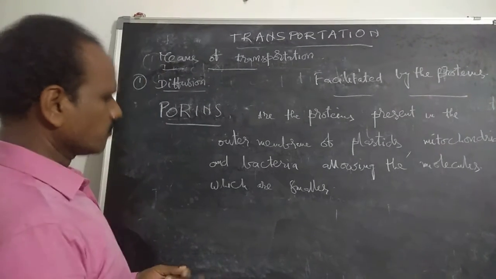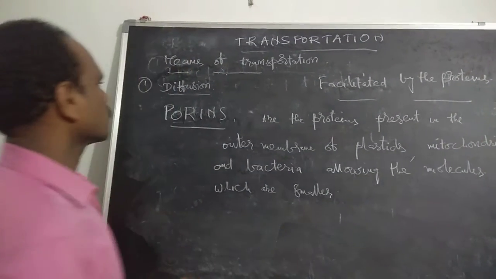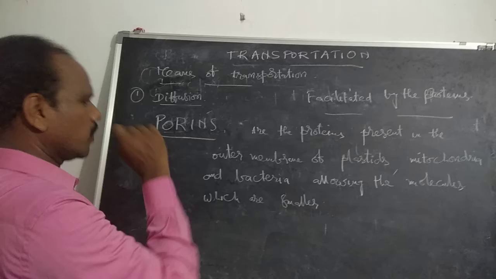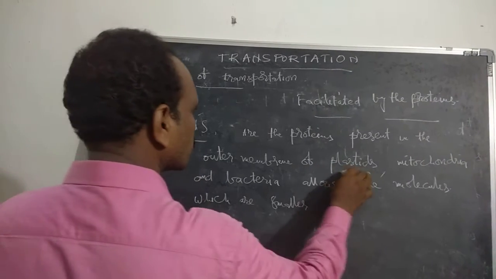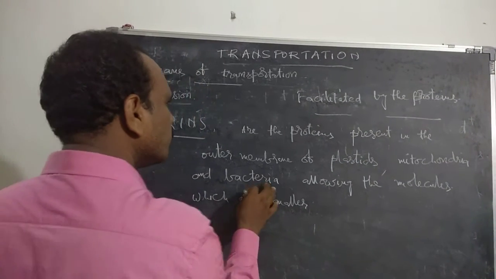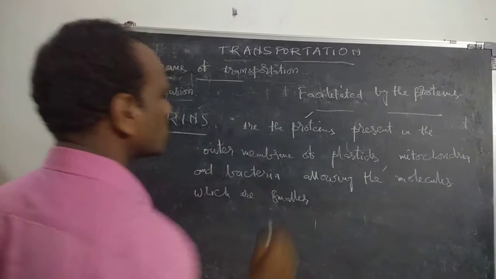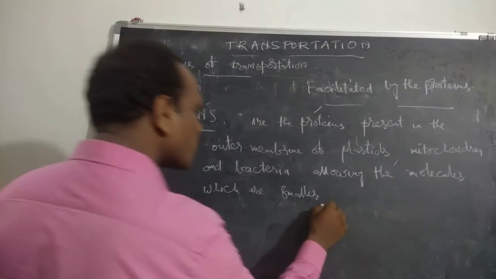These porins are present in the membranes of the plastids, mitochondria, and bacteria. These are the proteins which allow the smaller molecules.